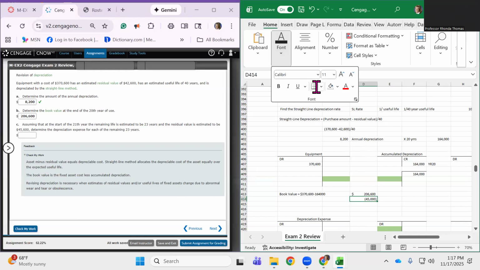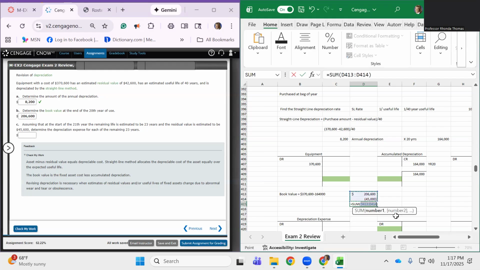And then, let's see what that is, and then we'll divide it by 23 years.